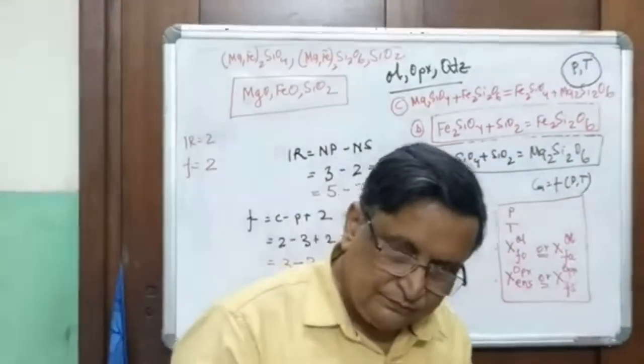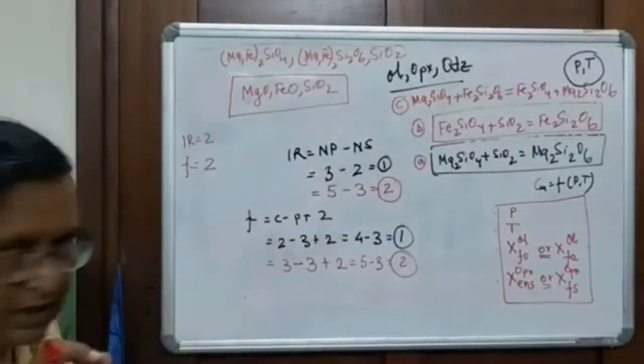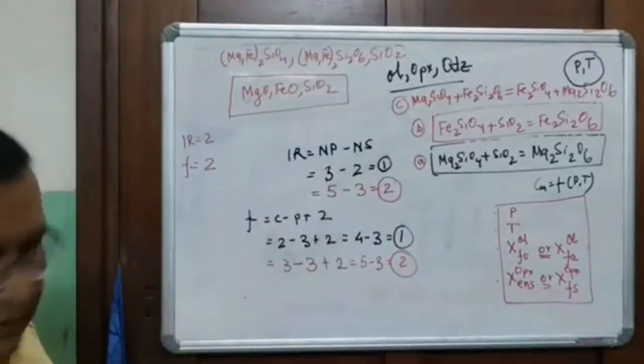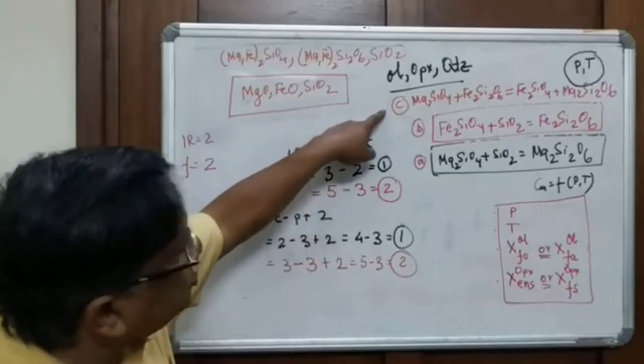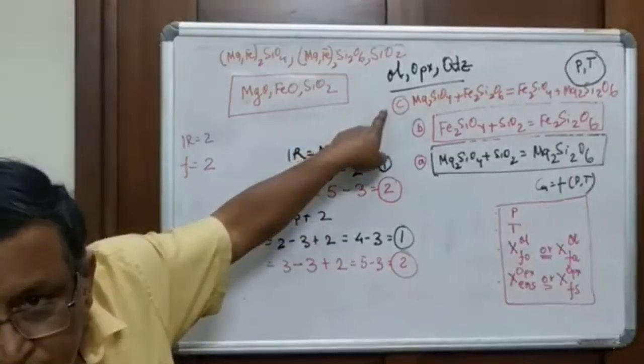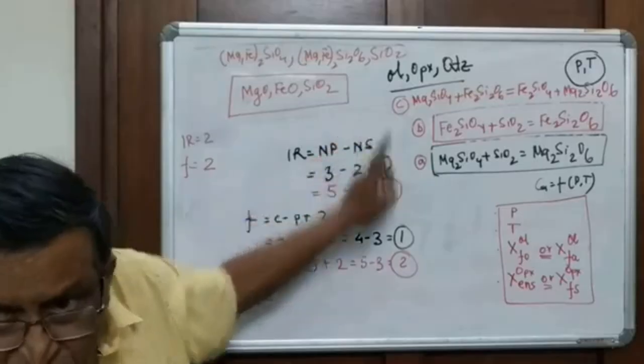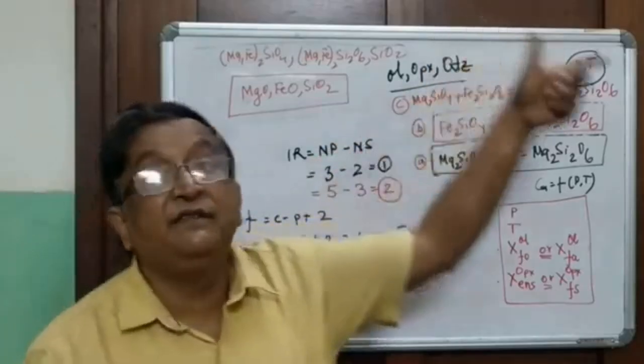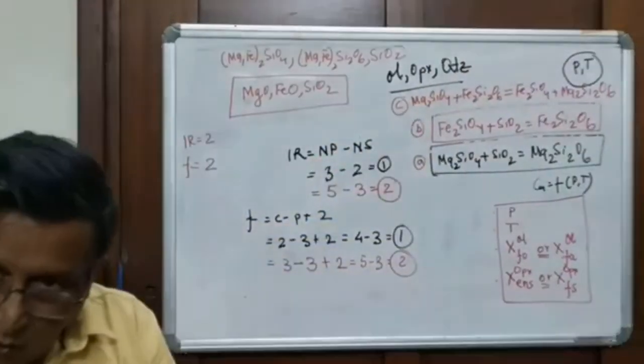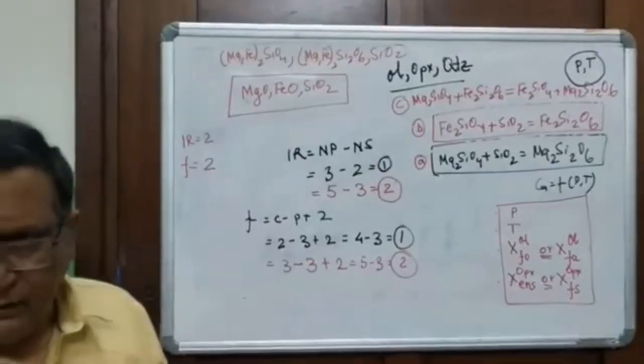Have you understood? So that is very crucial. But you can see here, this is not an independent reaction. C, as I have done it, is not an independent reaction. It's a derivative reaction.